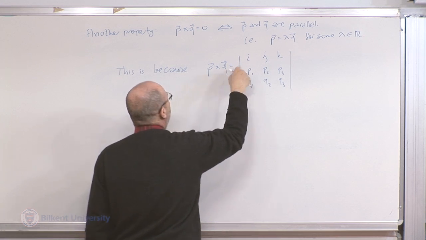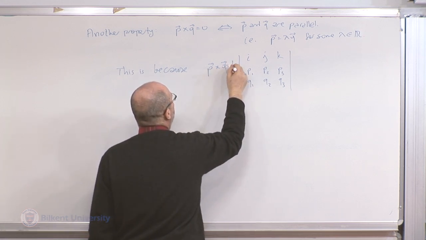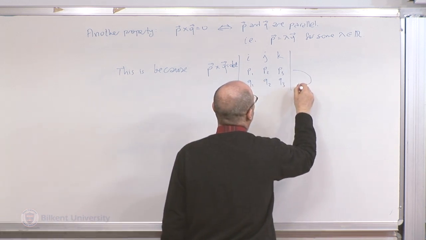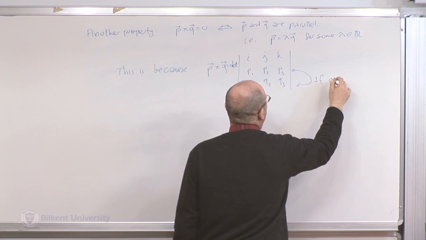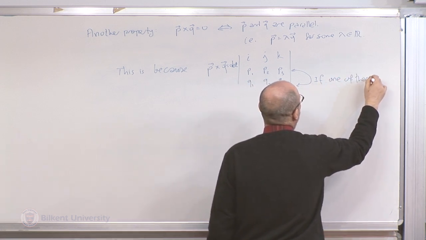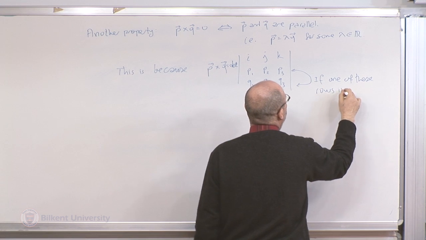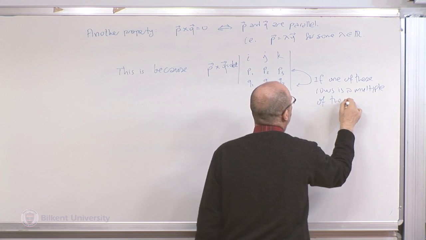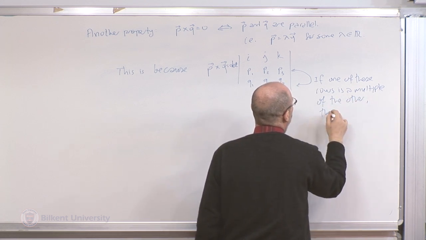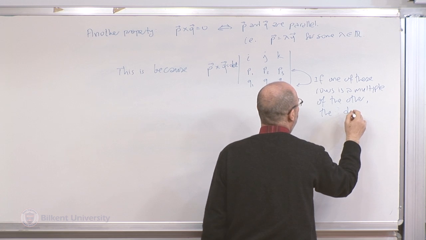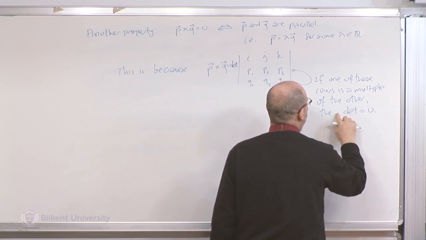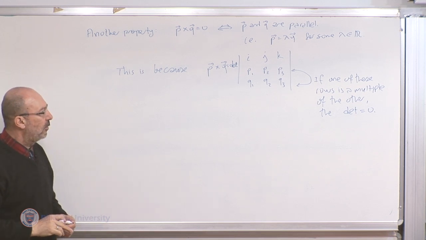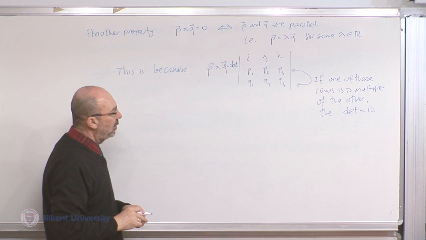So if one of these rows is a multiple of the other, the determinant is 0. That's what we know from fundamental determinant properties. So this is another thing to keep in mind.